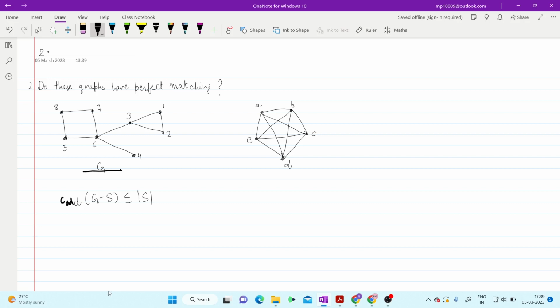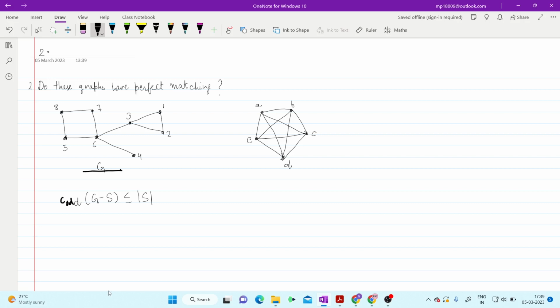So no. Why? Because we can't cover all the vertices by considering the vertices at once, ma'am. Here, if the edge 5 6 is covered, then 4 will not be taken in that cover.